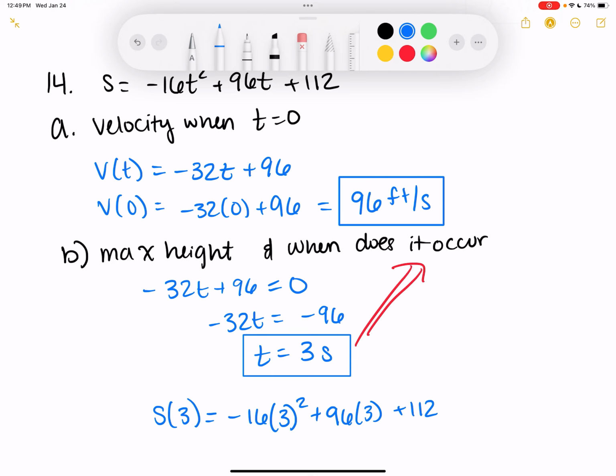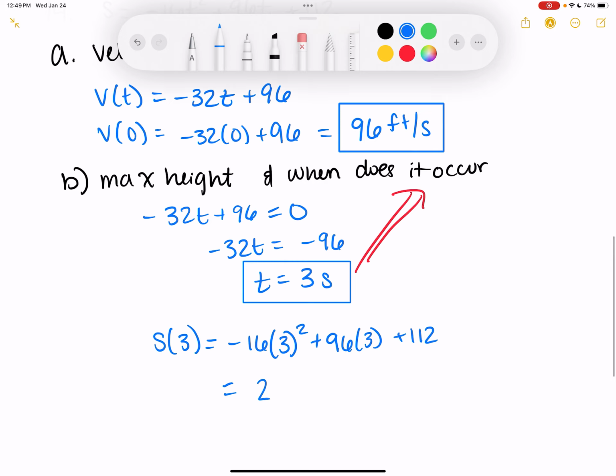I got it. 256. So 256 feet is the max height.